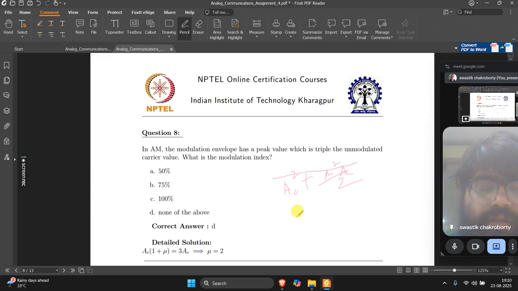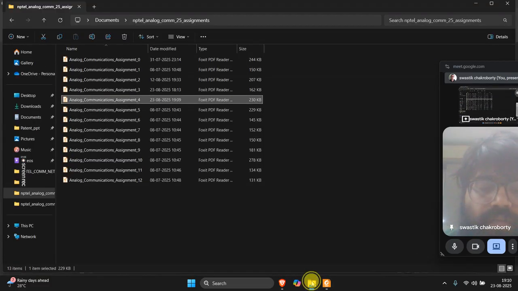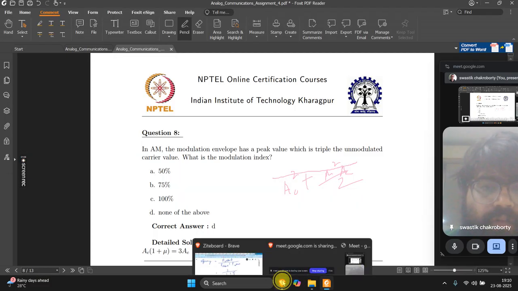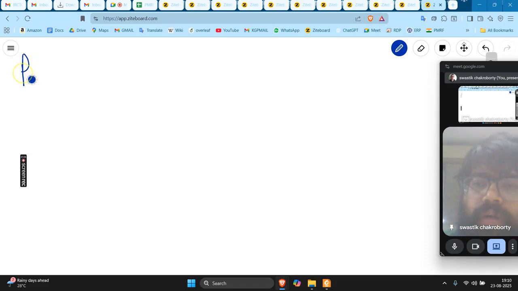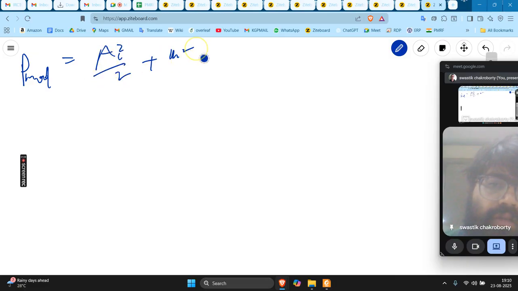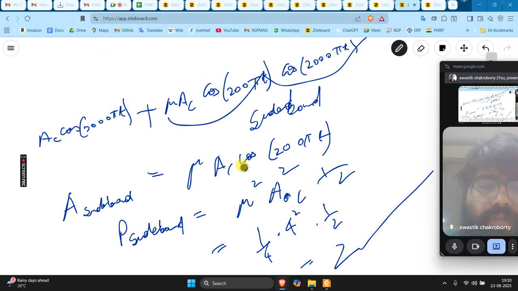So here it is saying that the modulation envelope power, that is the sideband power plus carrier power, is AC square by 2 plus mu square AC square by 4. Okay, so I have made one mistake here.